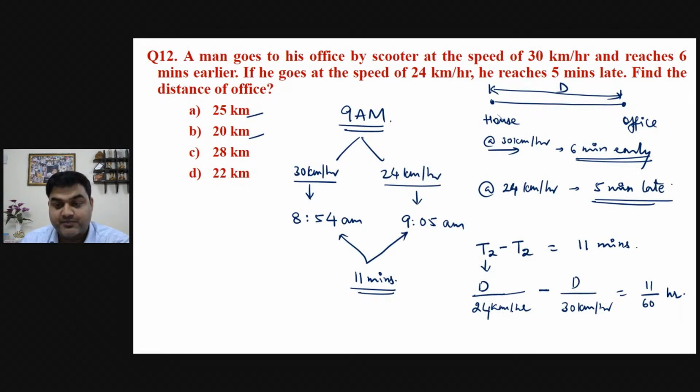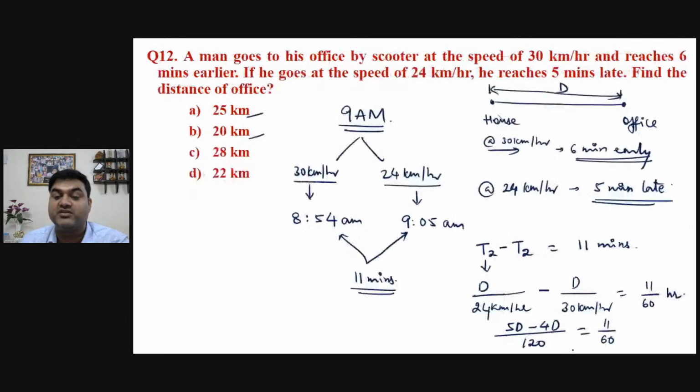Now let's see what the LCM of 24 and 30 is. 24 and 30: the LCM will be 30 into 2 is 60, into 4 is 120. 120 will be the LCM between these two. So considering this part, I'm just continuing. 120 being the LCM, 24 goes 5 times, so 5D, and 30 goes 4 times, so 4D, is equal to 11 by 60.